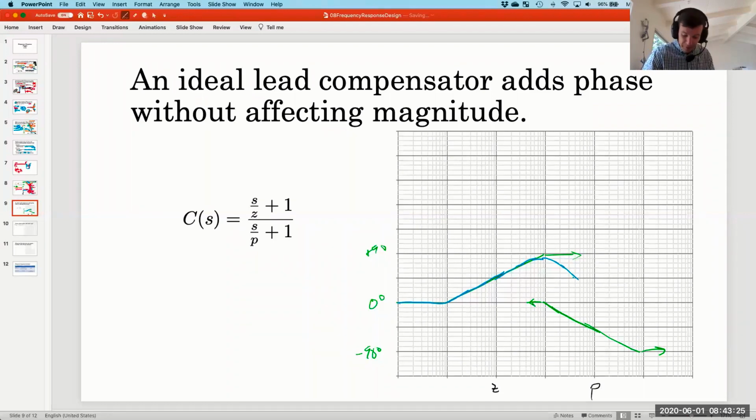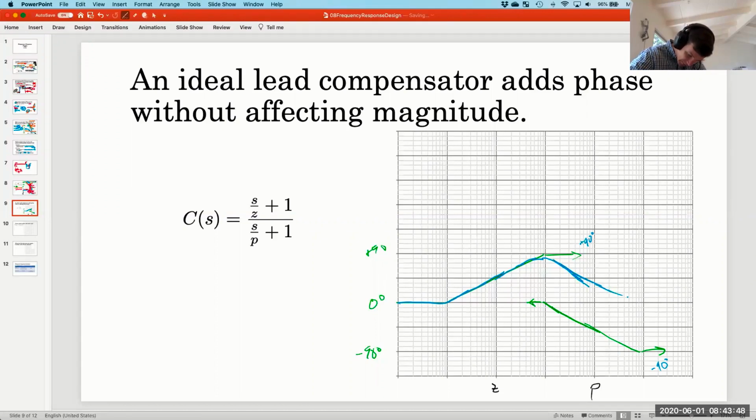And then you tell me, what frequency or what phase is this curve going to stop at? 0. Exactly. So the transfer function 0 has a plus 90 degree asymptote. The transfer function pole has a minus 90 degree asymptote. So the sum of those two says, this is probably too steep.